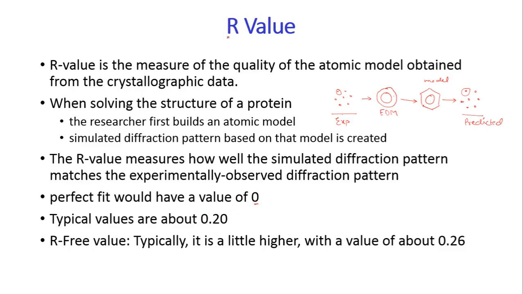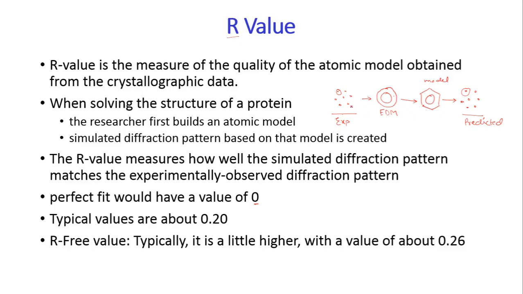If we say that the R value for a given protein model is 0, that would mean that after obtaining this simulated diffraction pattern, the position of each and every spot was found to be at the exact same position as in your experimental diffraction pattern. That is what it would mean.